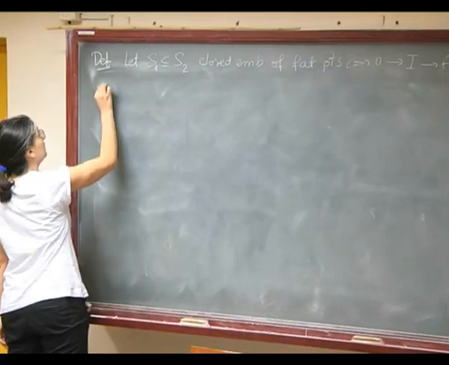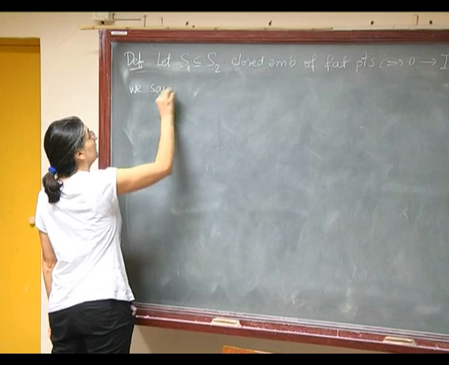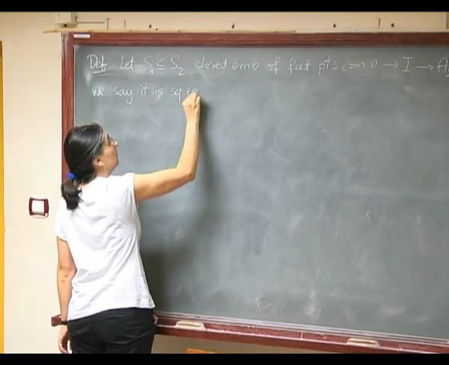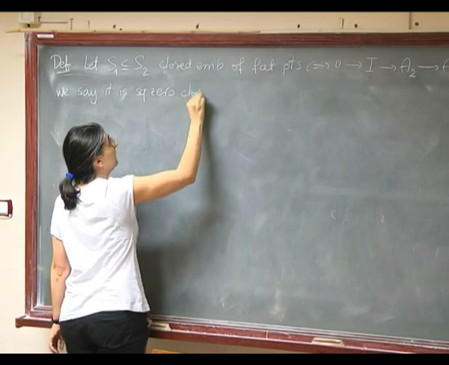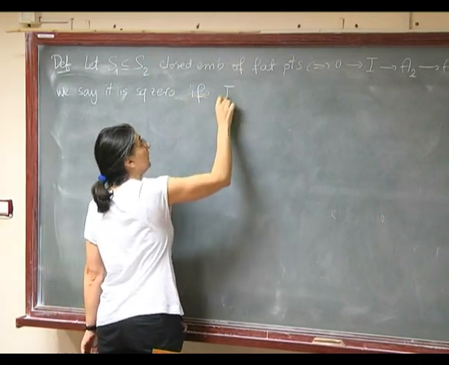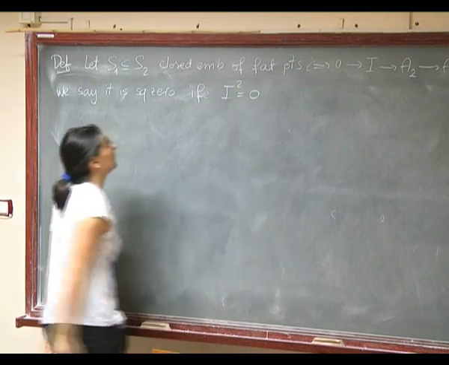We say it is a square 0 closed embedding if I squared is 0.